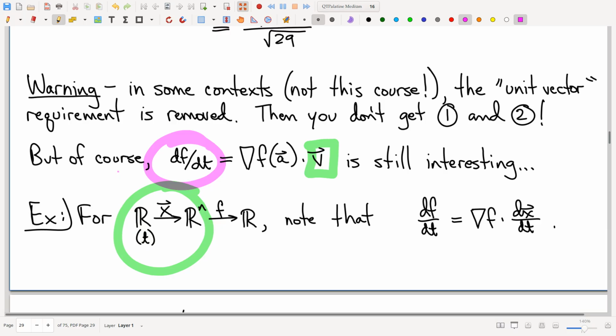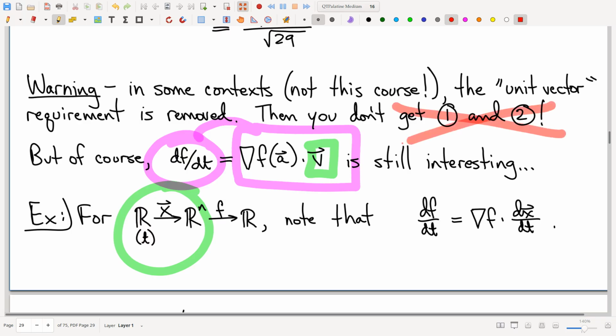And by the way, as it turns out, this is another thing you can confirm, still computed by this same formula. So if you remove this unit vector requirement, you're still talking about something interesting, and it's still computed by a convenient formula. You just don't get properties 1 and 2 anymore.